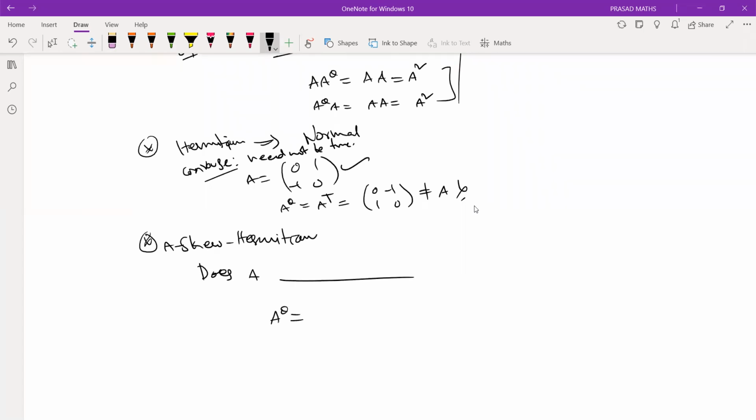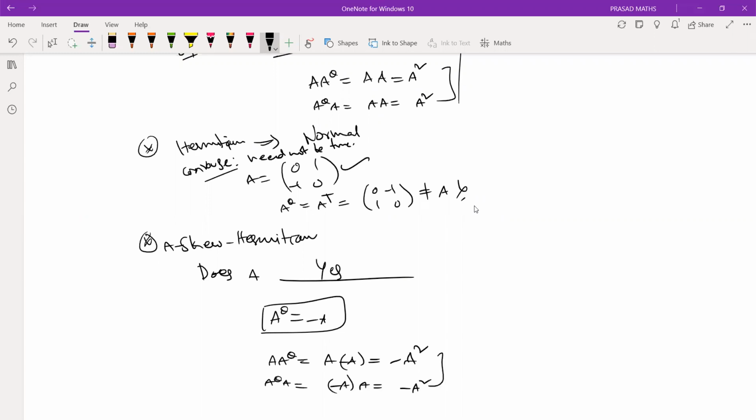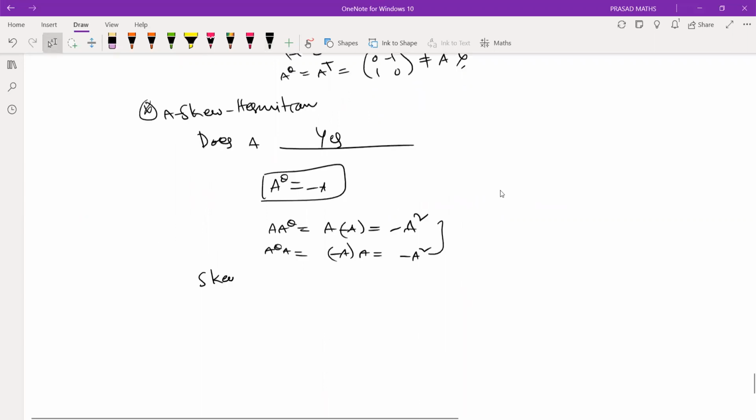A theta is equal to minus A. Therefore, A into A theta is equal to A into minus A, that means minus A square. Similarly, A theta into A is equal to minus A into A, which is nothing but minus A square. So both are the same. That means skew Hermitian is always normal.